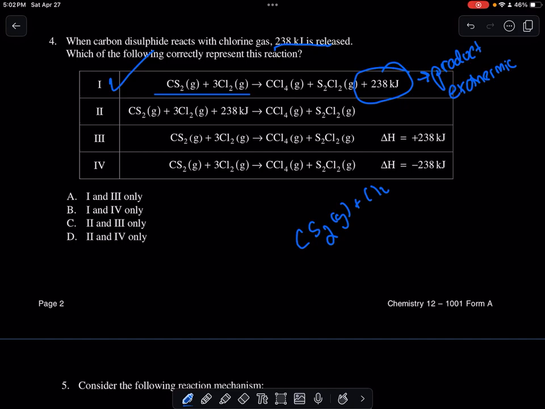Number 3 and number 2. So in this one, this is endothermic. So that's not correct, because the heat is a reactant. Well, when I say it's a reactant, it's not actually a reactant, but we are applying heat for the reaction to occur. So it's an endothermic reaction.